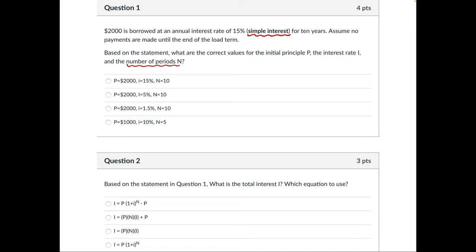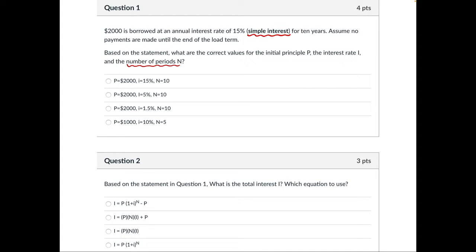We always ask number of interest periods, because interest periods could be months, 3 months, half year, or a year. Okay, it's not necessary to be just a year or number of years. And this is a very important concept. Number of interest periods.